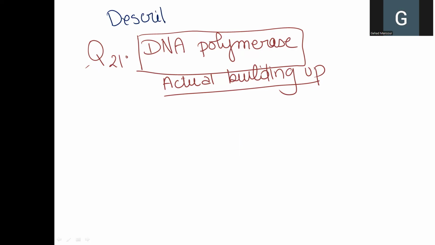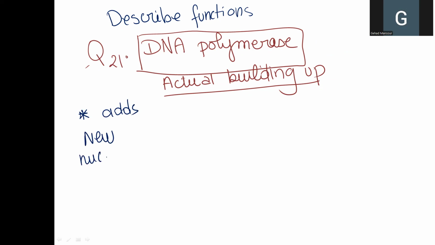Describe the function or functions of the DNA polymerase. Of course, there are rules for the DNA polymerase. The first rule is that it adds new nucleotides, and this is how you should describe the function.